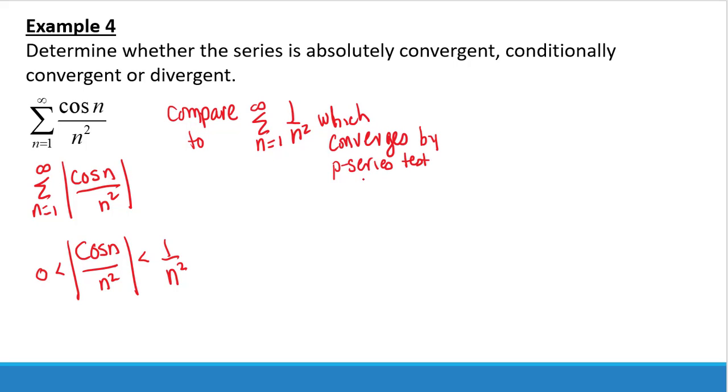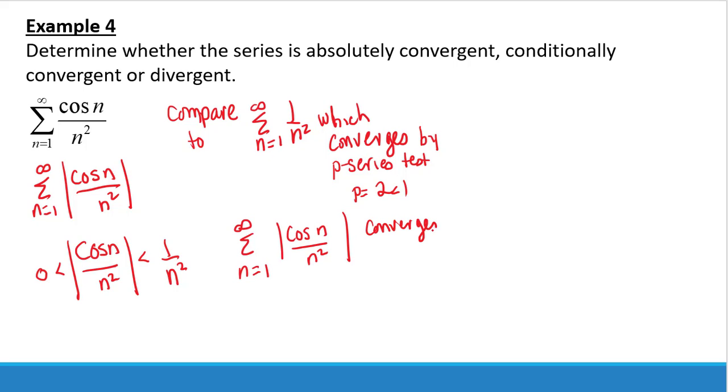Okay, so therefore this converges by the direct comparison test.